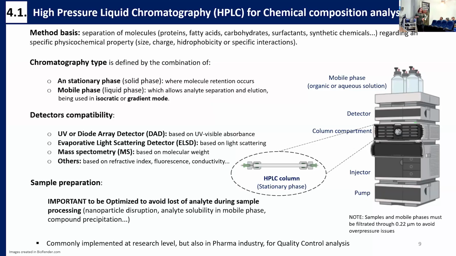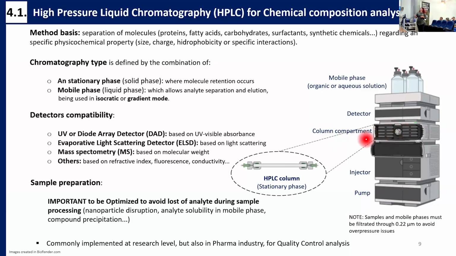Mostly, we have to have an idea that an HPLC equipment is mostly a pump that is used for the flow of the mobile phases, and it has different modules. The principal one is the pump, but then it also has an injector where we put our samples in specific vials in order for the equipment to take a known volume of sample and inject it into the system to reach the column, which is put in the column compartment.